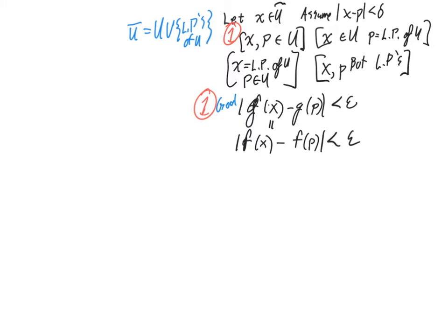Okay, well that's nice, I guess. Oh wait, but f is continuous. So if I happen to know that the absolute value of x minus p is less than some choice of delta, then the absolute value of f of x minus f of p is less than epsilon.